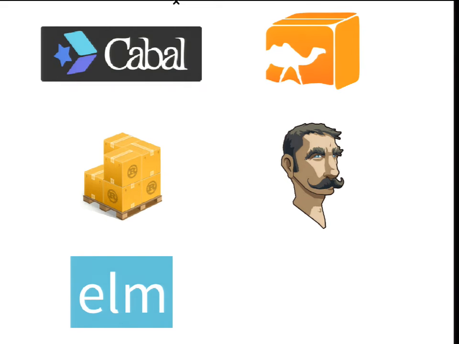However, what we do have is a bunch of language-specific package managers. So we have Cabal, Opam, Cargo, Leiningen, I think, and Elm, whatever it has. And this is just a very small sample of what's available in terms of package managers, right?